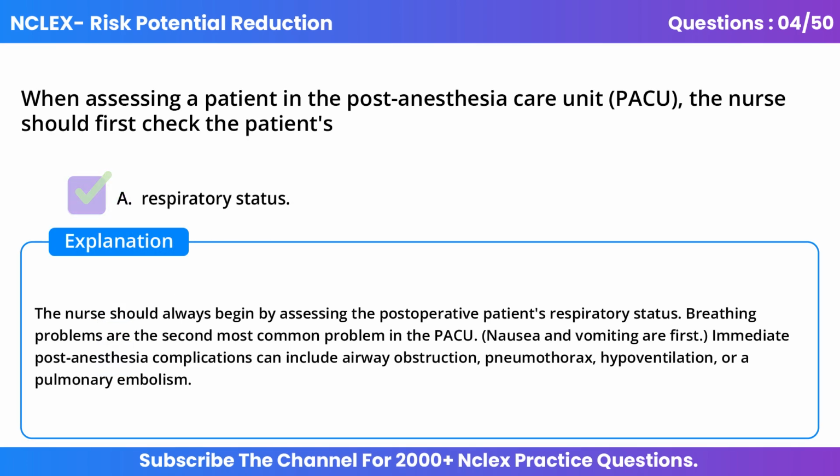The nurse should always begin by assessing the postoperative patient's respiratory status. Breathing problems are the second most common problem in the PACU. Nausea and vomiting are first. Immediate post-anesthesia complications can include airway obstruction, pneumothorax, hyperventilation, or a pulmonary embolism.